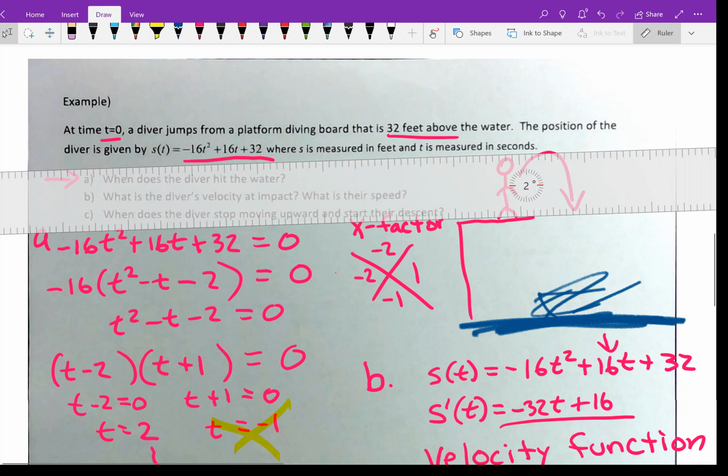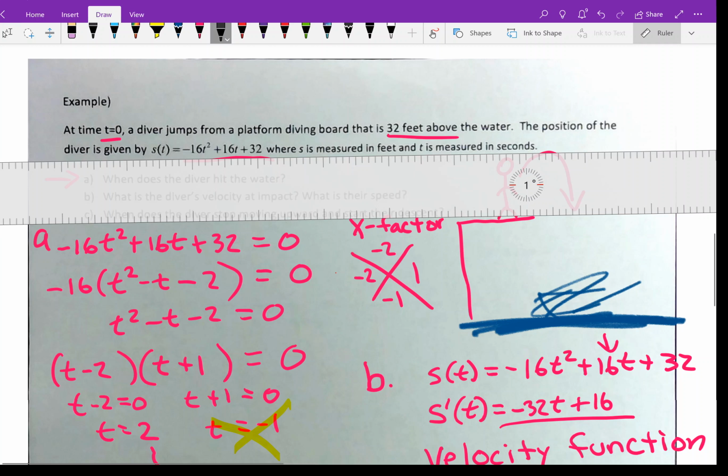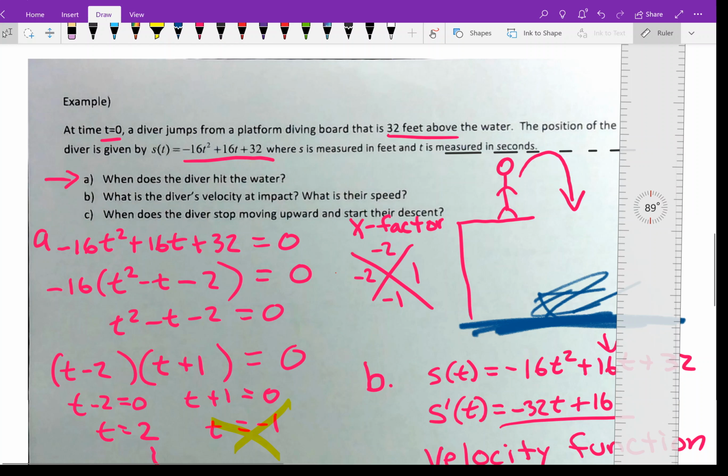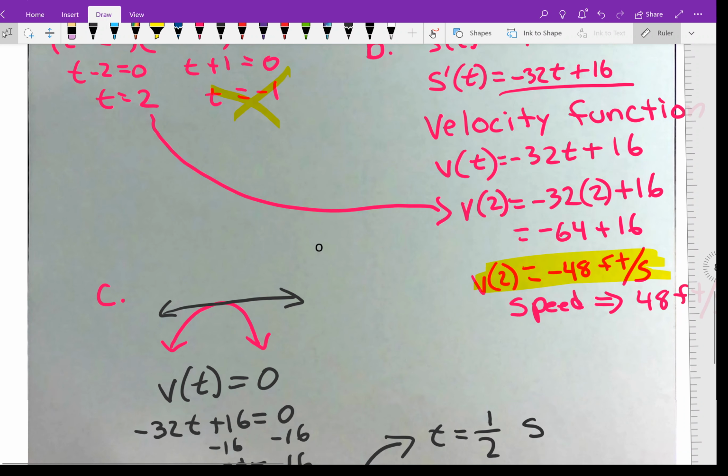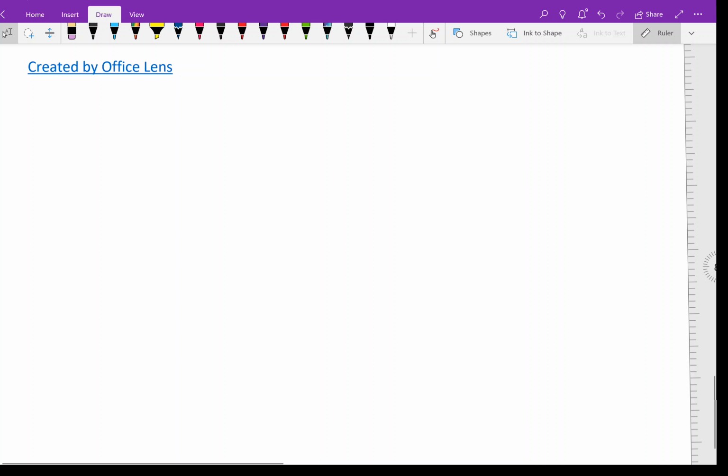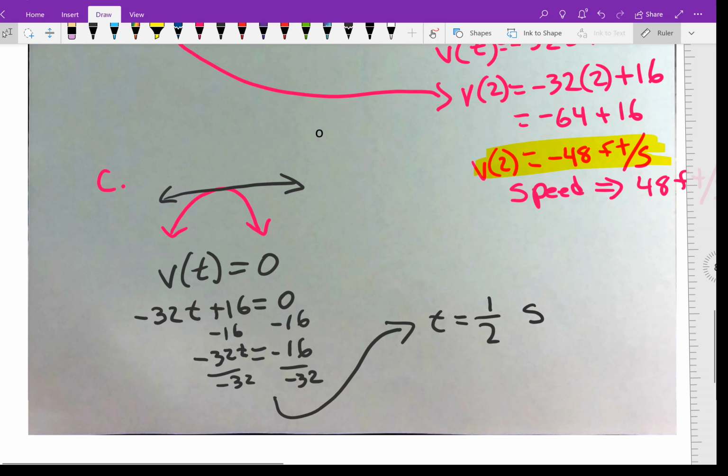That's my horizontal tangent line, which tells me that's the maximum height for this guy when he jumps up. So at t equals 1/2 a second, that's the highest point that he reaches. All right, great.